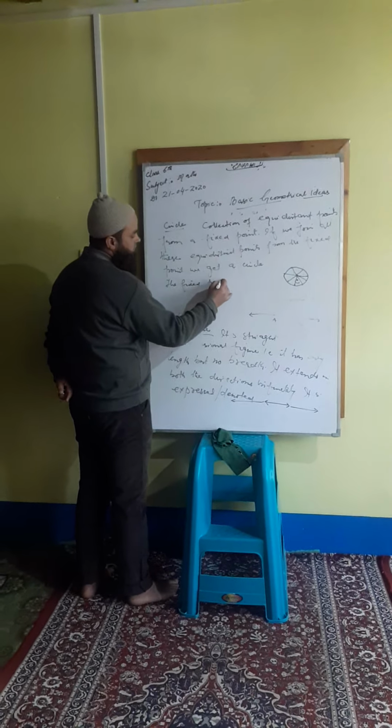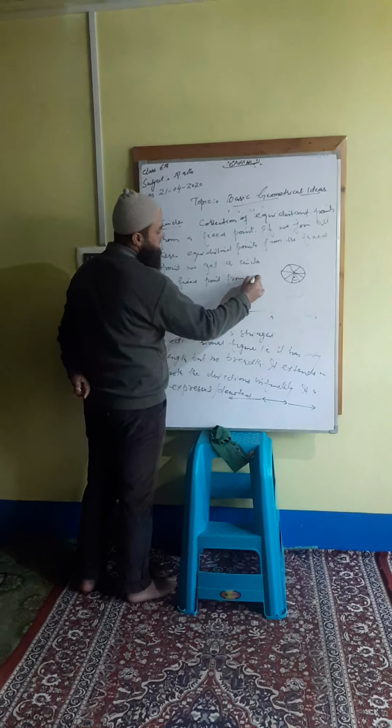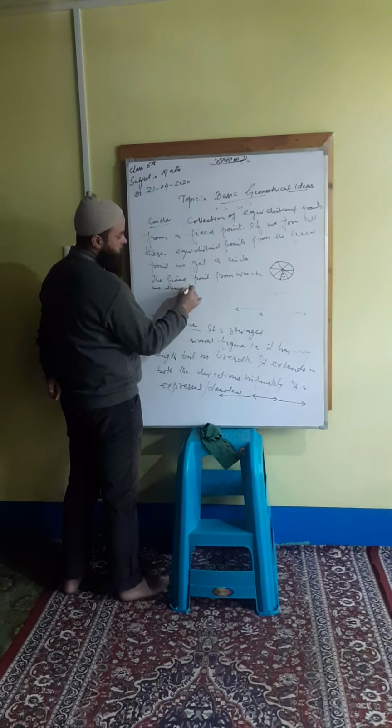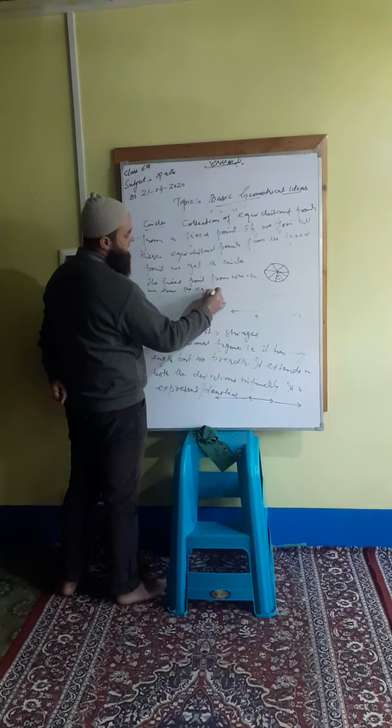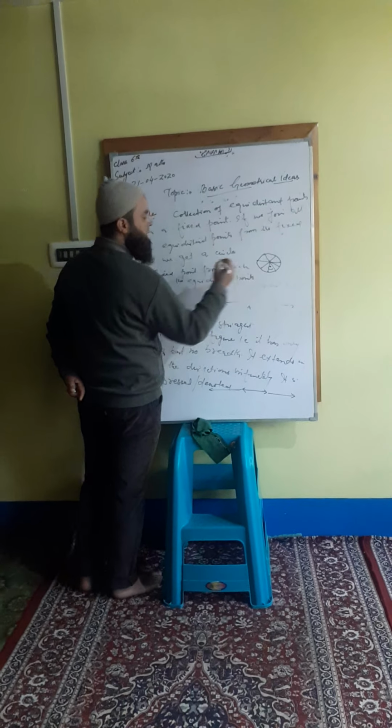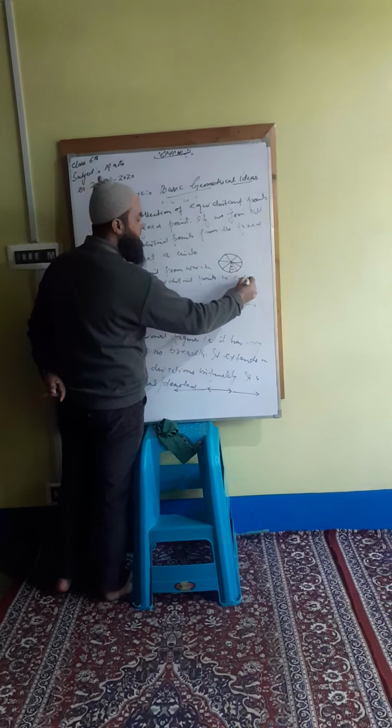The fixed point from which we draw the equidistant points is called the center of the circle.